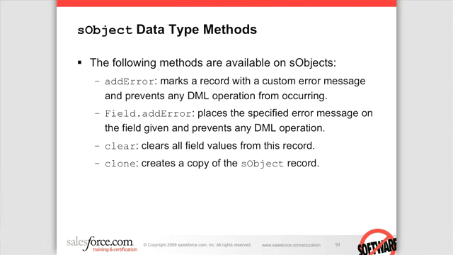Now, your sObjects have some important methods associated with them. There's addError and then field.addError. We talked previously about how you can prevent the write of a record to the database. The way that you would do that is using the addError method.